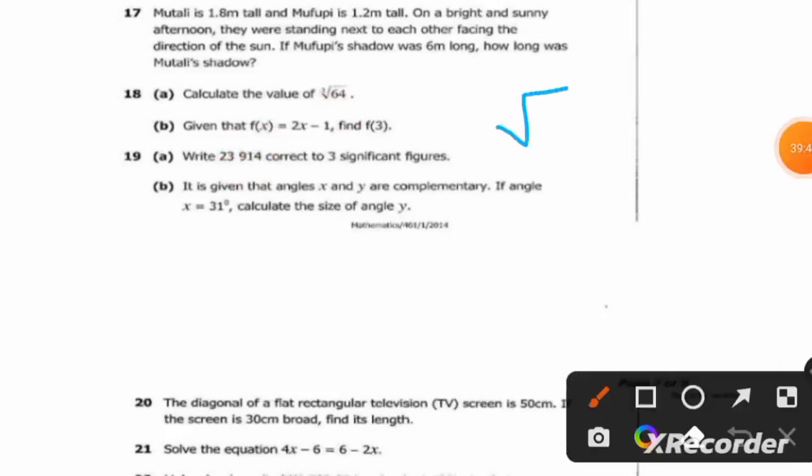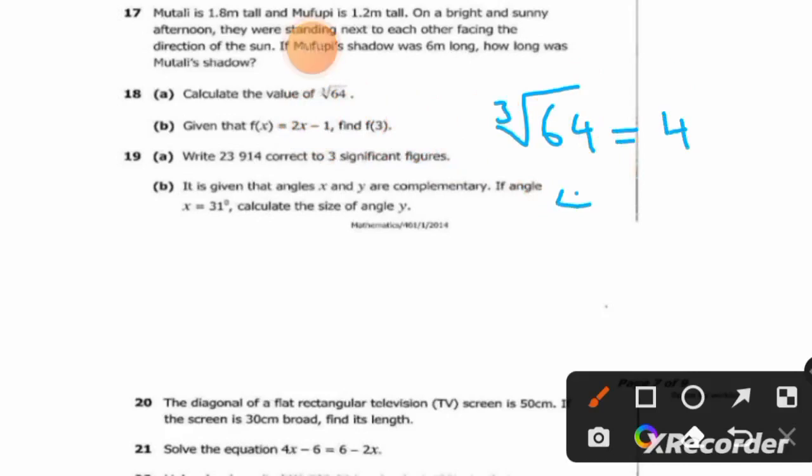Whenever you see 3 here and the number inside, the question is simply telling you to find the number that you can multiply 3 times and it gives you 64. So the number is 4. So our answer is 4.